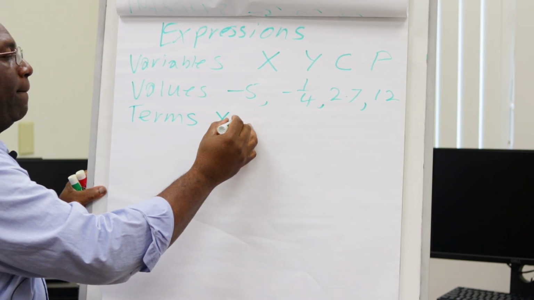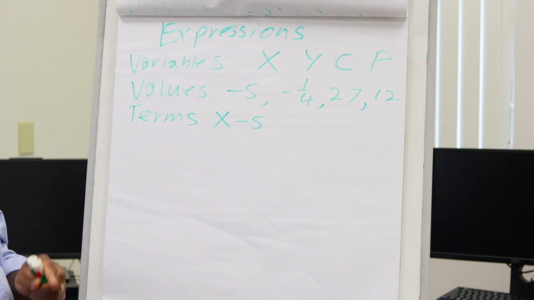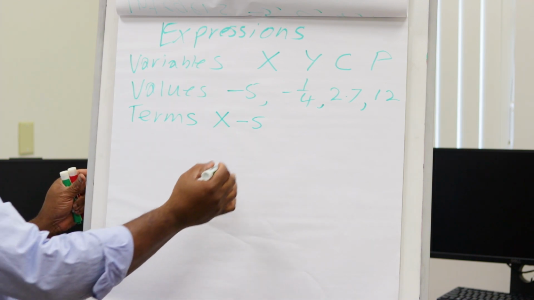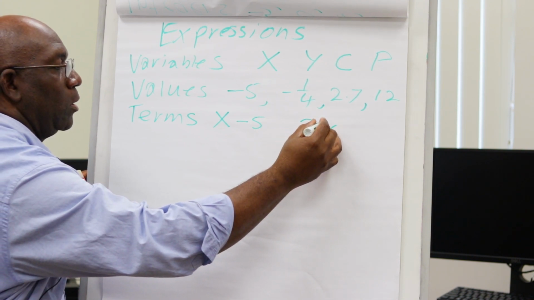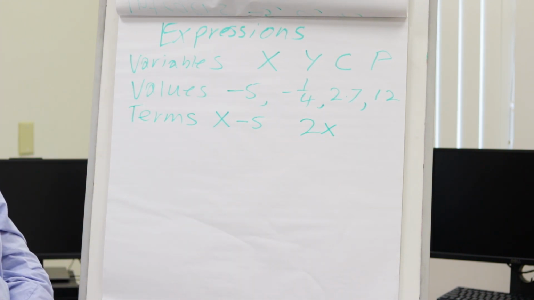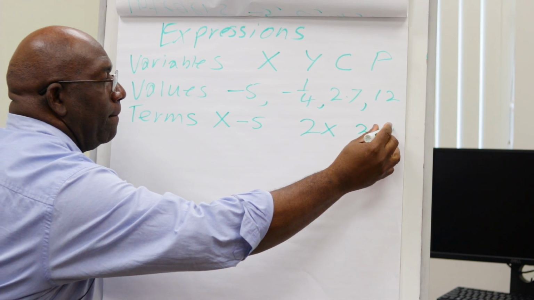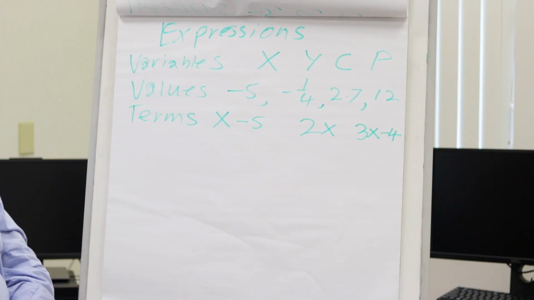Here are examples of a term. x minus 5 is an example of a term. 2x is an example of a term. 3x minus 4 is also called a term.